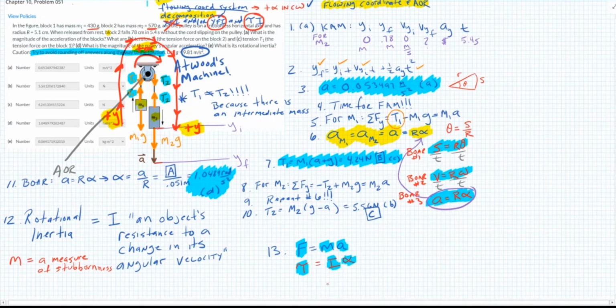And everything has a name here. This is torque, and that is Greek letter tau, T-A-U, tau. This is I for rotational inertia. Sometimes rotational mass, I think those terms are used interchangeably. Rotational inertia, and this is still the angular acceleration, alpha.